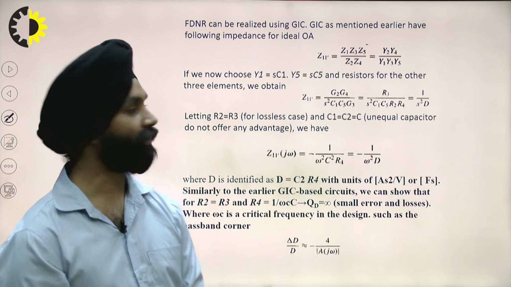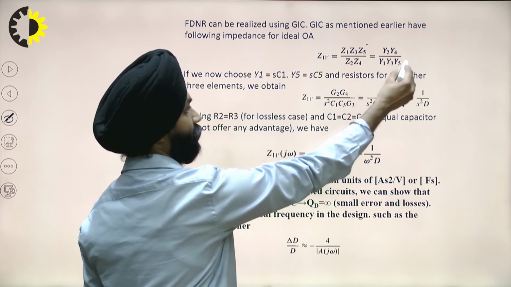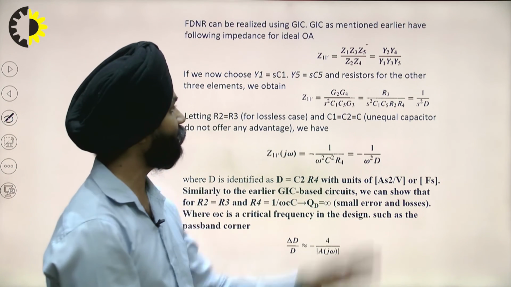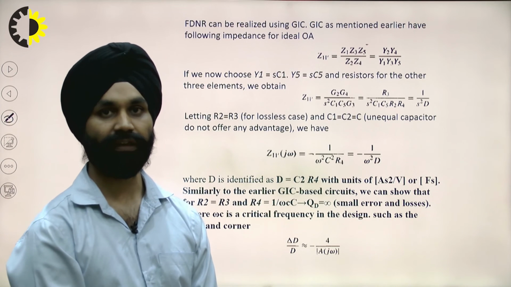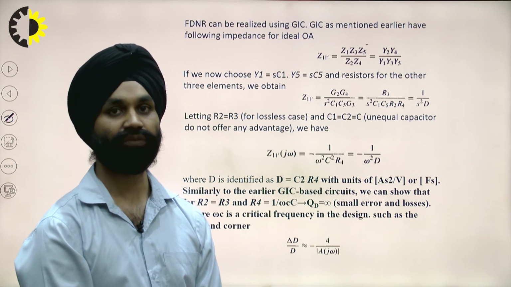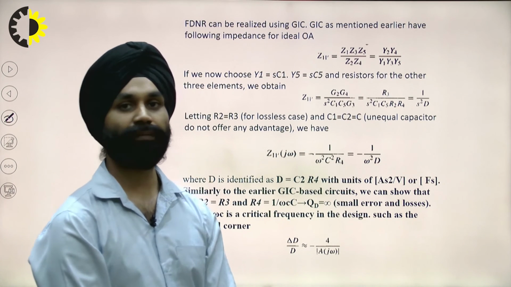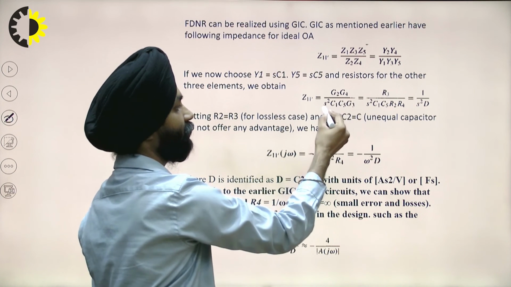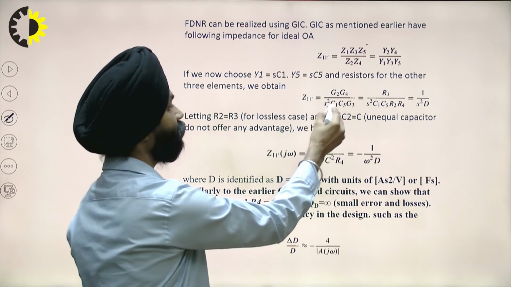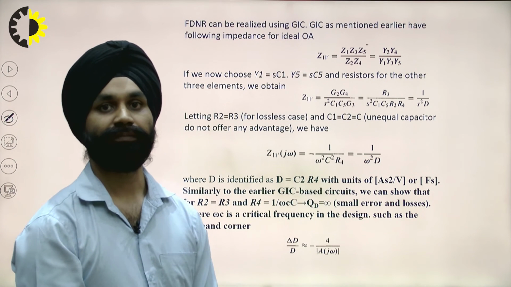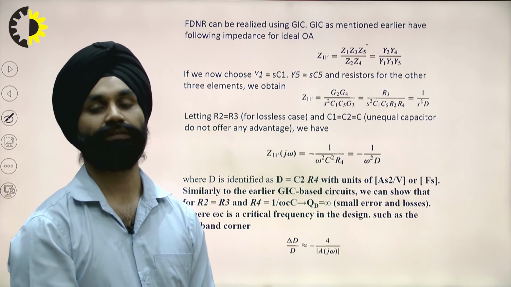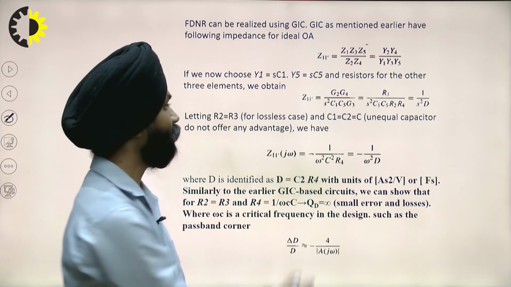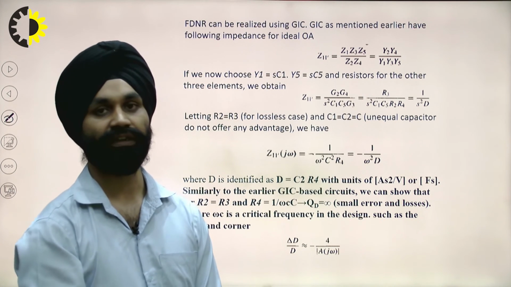Now if we have any two of these as capacitors, let's suppose 1 and 5, 3 we do not take as we have discussed in the previous lectures. So let's suppose we have 1 and 5 as capacitors. Replacing them, it will be S into C1 and C5, and the rest are resistive, so we can take them as G2, G3, G4.